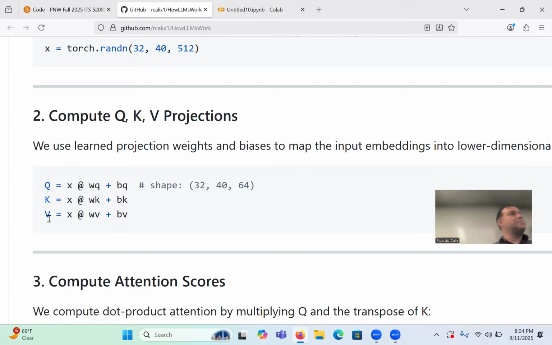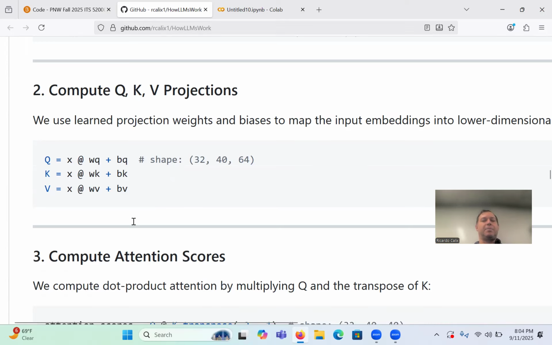Why we're doing this, let's get to the end and then we can talk about it. But initially, let's just understand that mechanically, I'm taking X and doing a matrix multiplication with its corresponding weights matrix. Let's ignore the bias for now, just to keep it simpler. Okay, so that's the idea.